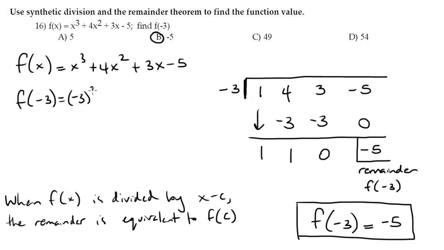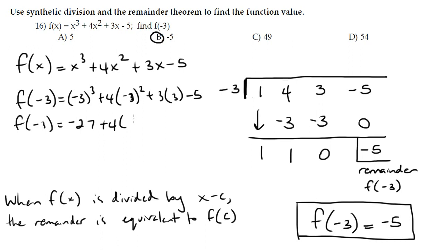I'll even verify it here. Let's substitute -3 and see what happens. Alright, f of -3. -3 times -3 is 9. 9 times -3 is -27. Plus 4 times 9. That should be a -3, right? Oops. -9. -5. See, that's the kind of thing that happens with evaluation that you might not get with synthetic division.